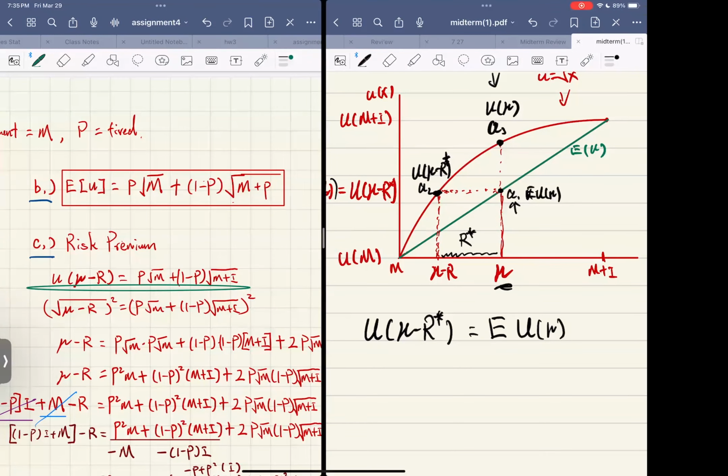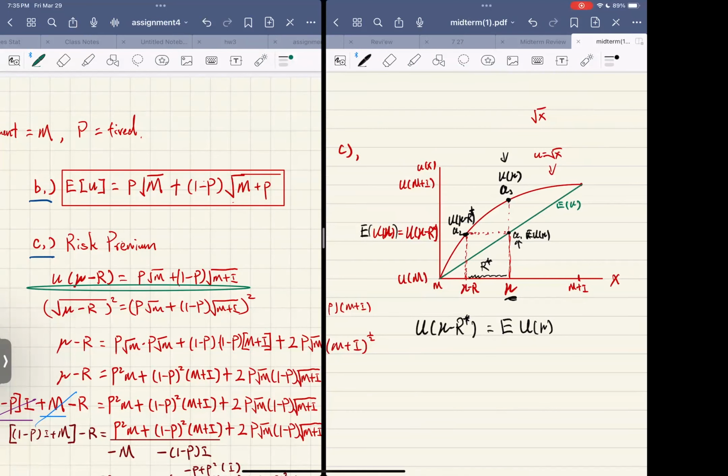Guys, talk to me. Confused? Anything? Because you don't need to remember the formula anymore, as long as you get this graph. If it doesn't make sense, please tell me. I'm trying to improve.